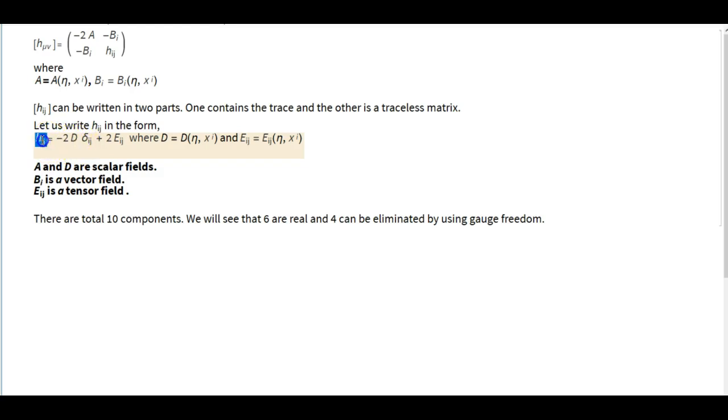The original tensor field is H_ij, from which we already extracted one scalar d by decomposing this tensor into two parts. One part contains the trace and another part is traceless. So one level of decomposition has already been done. But now this traceless tensor field can further be decomposed into a scalar, a vector, and the remaining tensor. So let us see how we can do this.